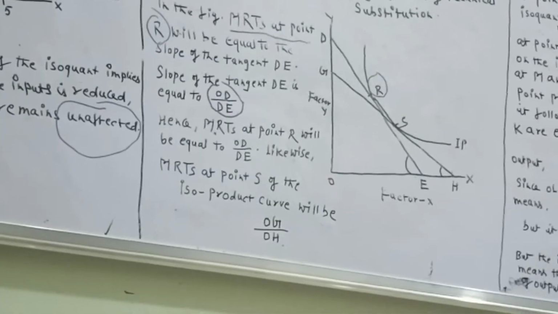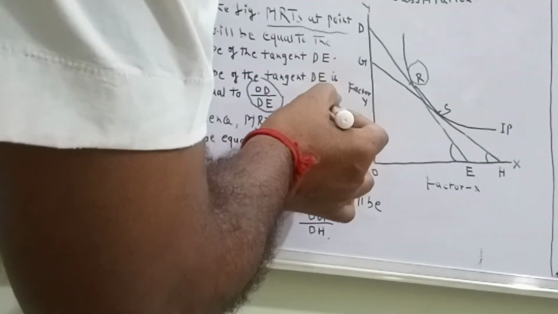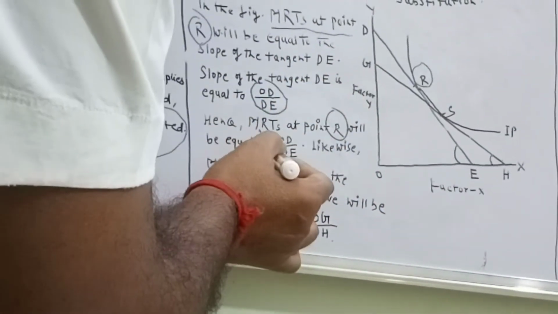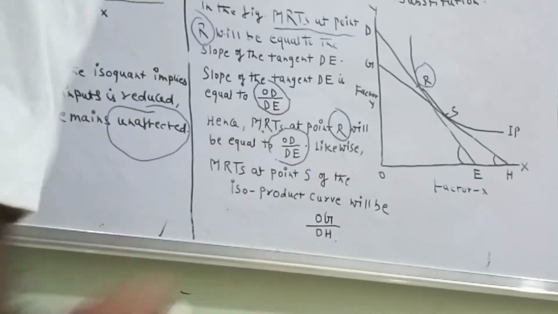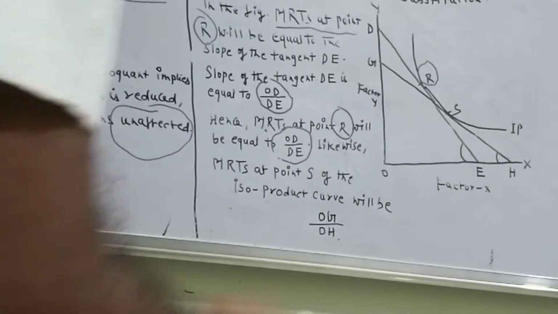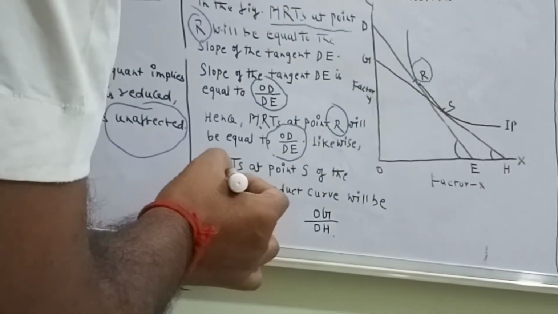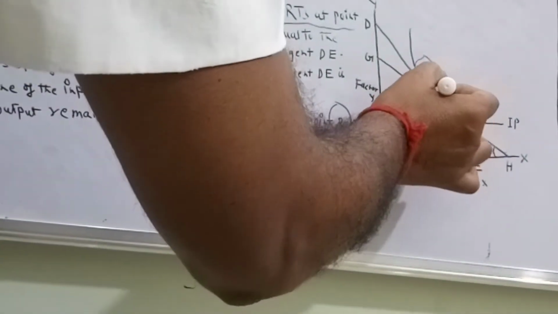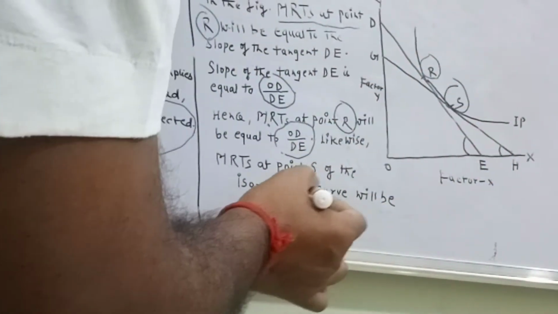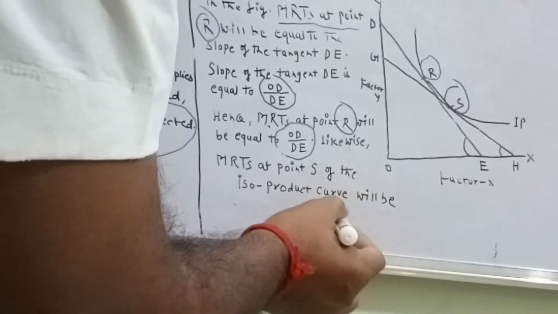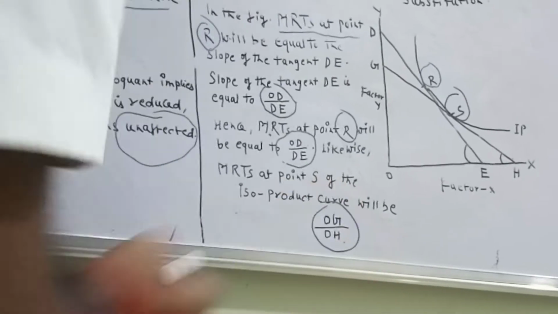Hence, MRTS at point R will be equal to OD by DE. MRTS at point S of the isoproduct curve will be OG by OH.